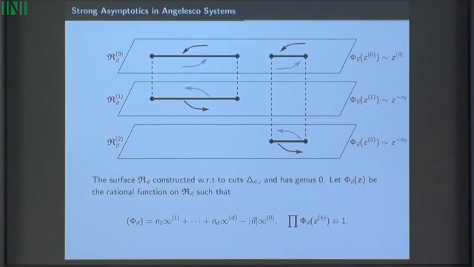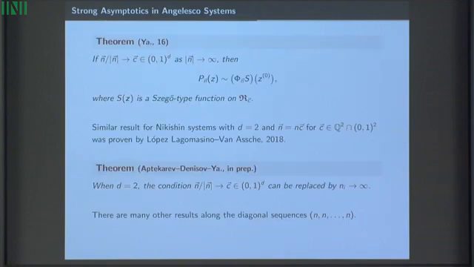Then, if you do Riemann-Hilbert analysis, in this case, you end up with the following result. You take your Angelesco system, you take your indices, you take a ray sequence, so that normalized indices converge to this vector c. Then the orthogonal polynomial essentially behaves like the function phi n I constructed on the previous slide, modified by a Szegő type function, and you need to take the values from the top sheet.